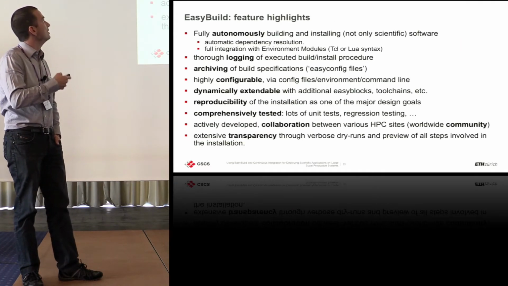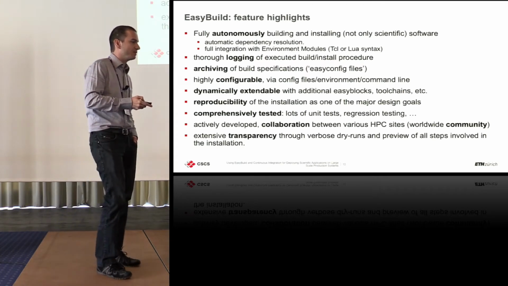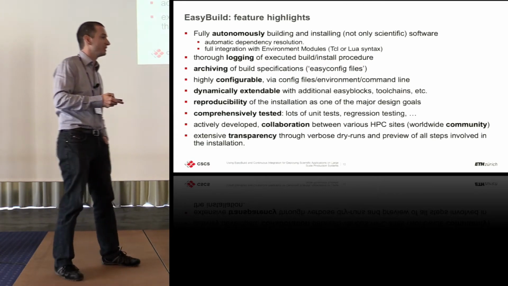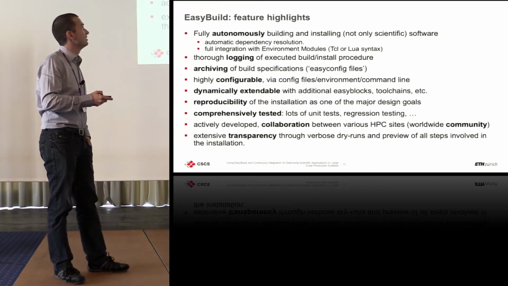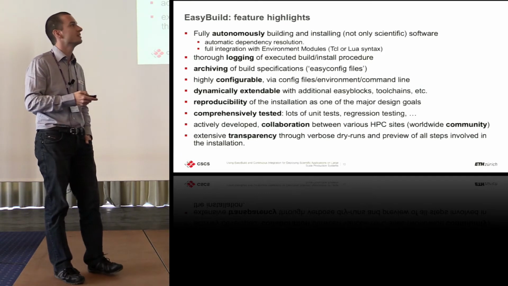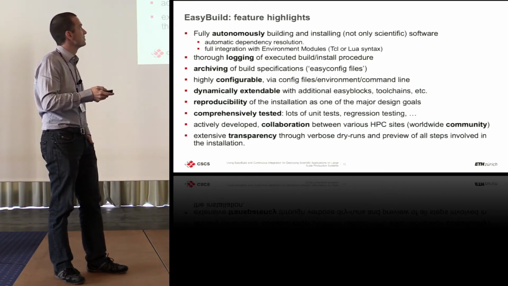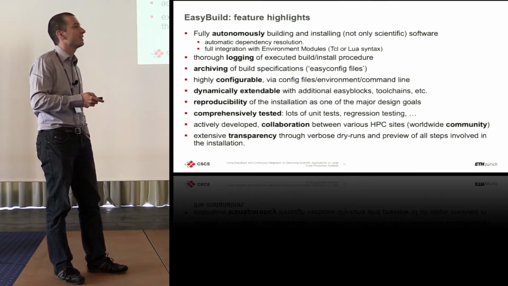So the feature highlights are that you can fully and autonomously install scientific software. Here it says not only, because the dependencies are also taken care of, and sometimes they are not scientific, but you need to have them as well. So you have logging of everything.